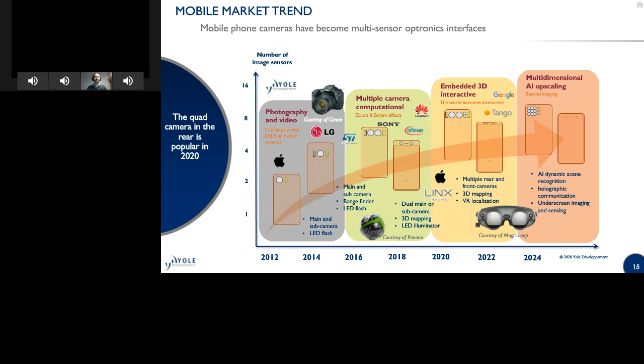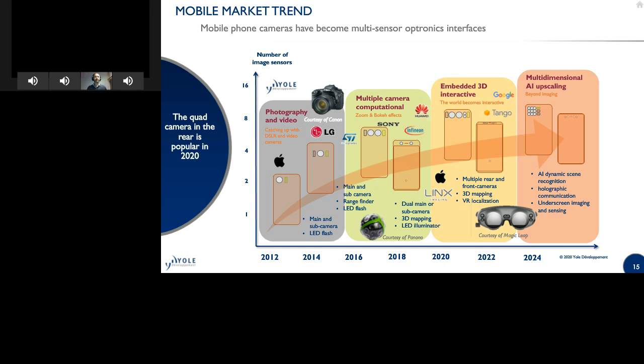In the future, I think the 3D cameras will be more and more integrated, and the need for under-display camera will rise. So this is already the case for optical fingerprint. And in the future, the integration of other types of cameras, going beyond 3D, other types of spectrum maybe, and also the ability to use AI upscaling.